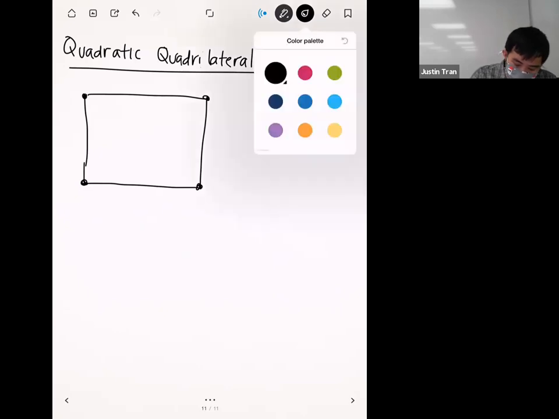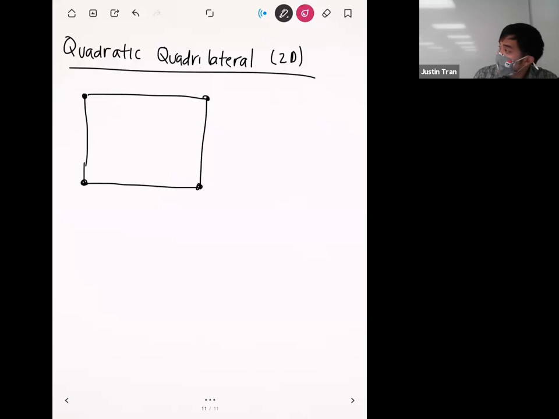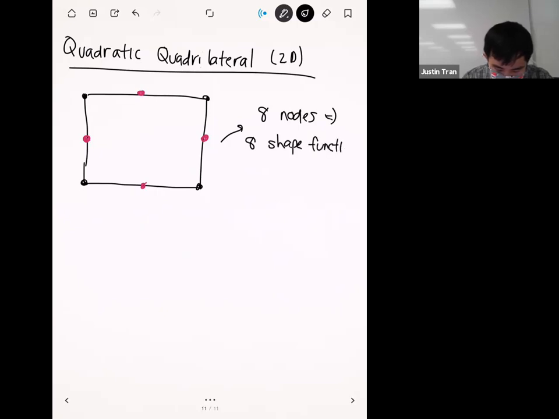What I have in black right there are the normal nodes for our linear quadrilateral. But for our quadratic one, we're going to add these nodes here on the mid sides. Overall, by making the transition from linear to quadratic, we now have 8 nodes. And remember, the number of nodes represents the number of shape functions. And so we're going to have 8 shape functions, and also eight terms in our polynomial.